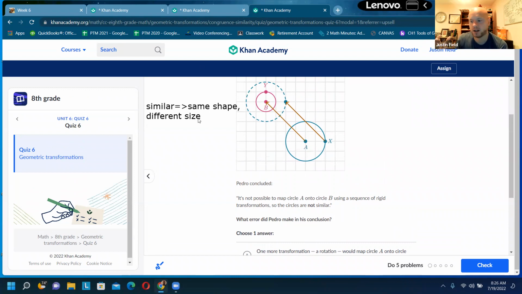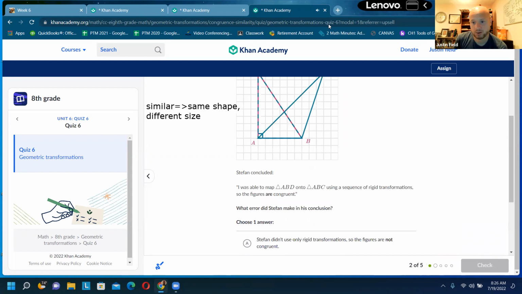Triangles and other shapes can be different kinds of that shape, like a right triangle, an obtuse triangle, or an acute triangle. Those would not be similar. But a circle, all circles are similar. So Pedro.